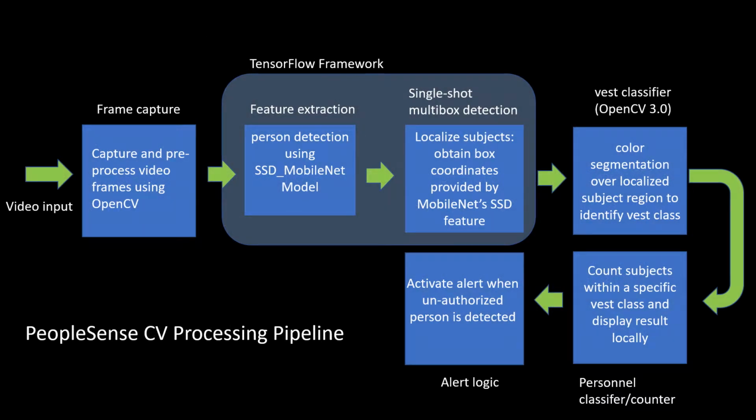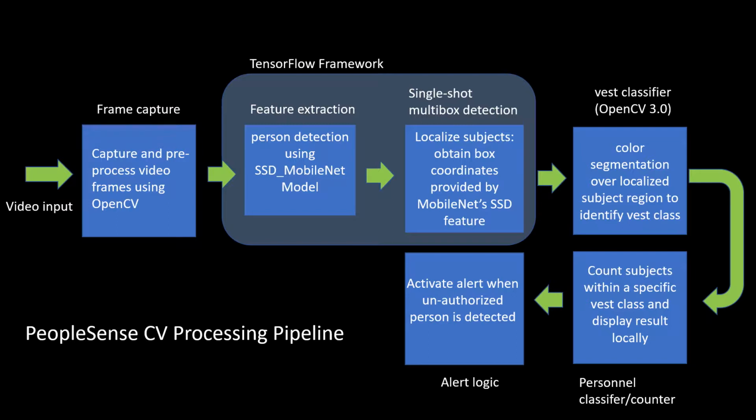This slide represents the machine vision processing pipeline utilized by the personnel classifier application. Video input is presented to the application frame by frame, where frame capture is performed by OpenCV. Each frame then serves as input to a TensorFlow session.